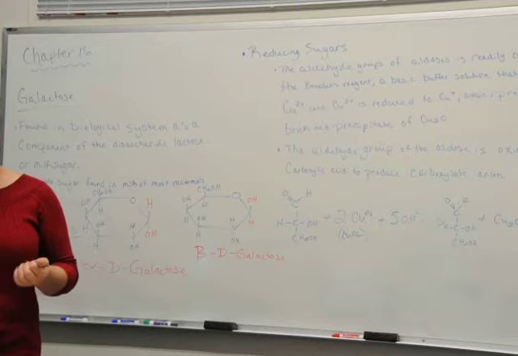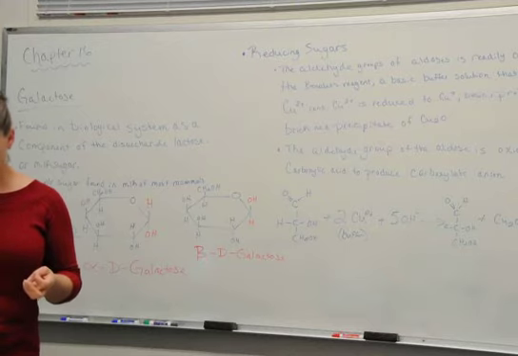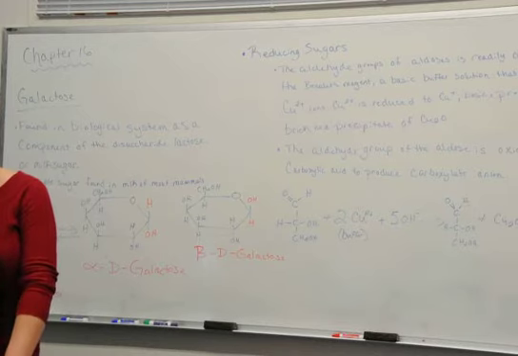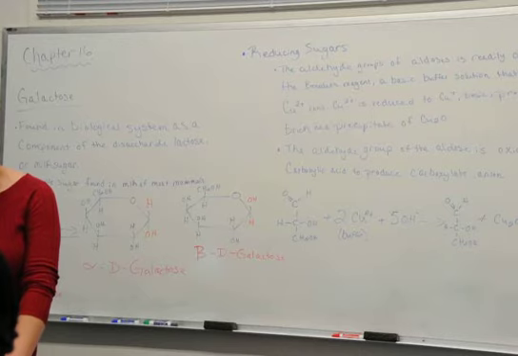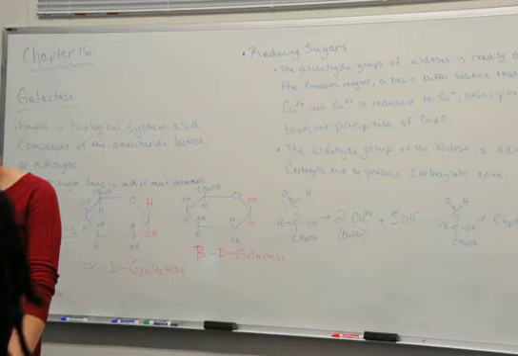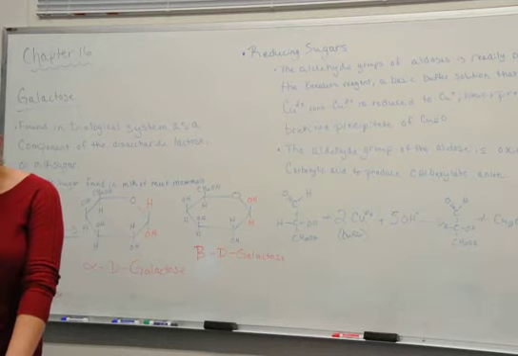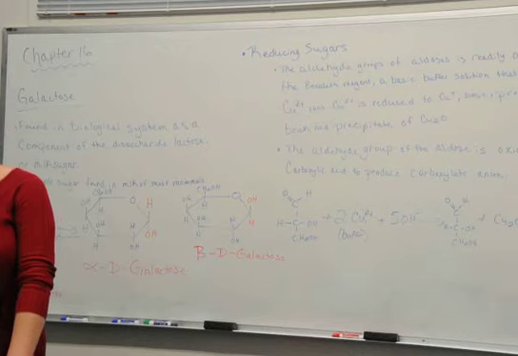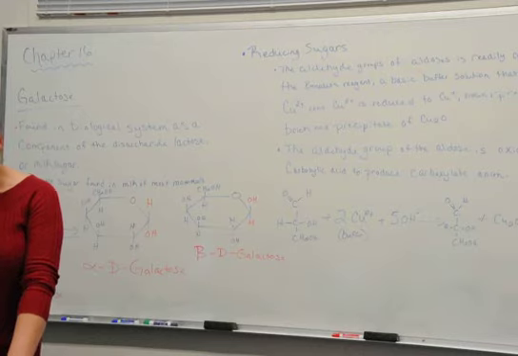If you look on page 547, the bottom diagram, first off, it's a beta because the OH is on the top on our first carbon. And you see that it's 2-deoxy-beta-D-ribose. And that, again, is what is found in the DNA.